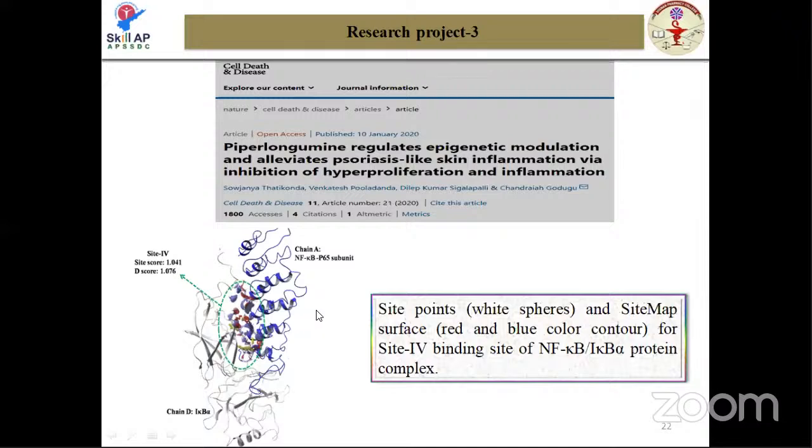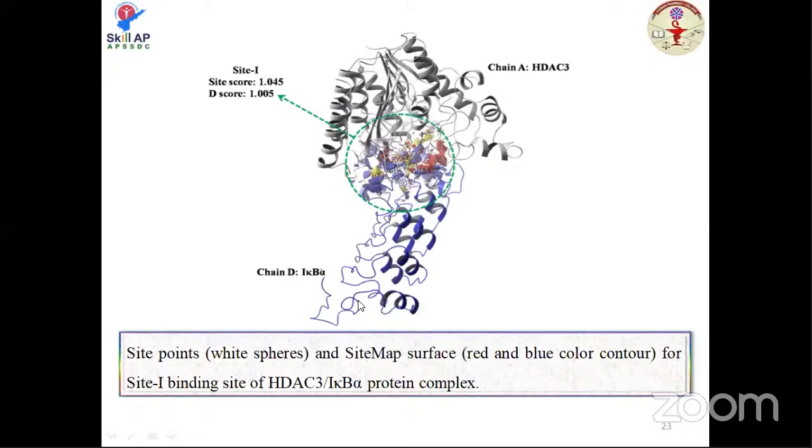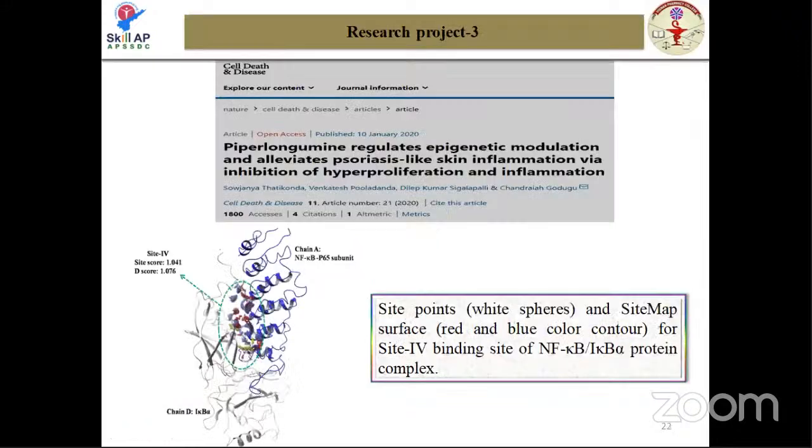We also took another protein complex, HDAC3 with IKB alpha, and made this complex also through protein docking. The main aim is this: generally IKB alpha inhibits NFKB, but NFKB is very responsible for regulating inflammation.